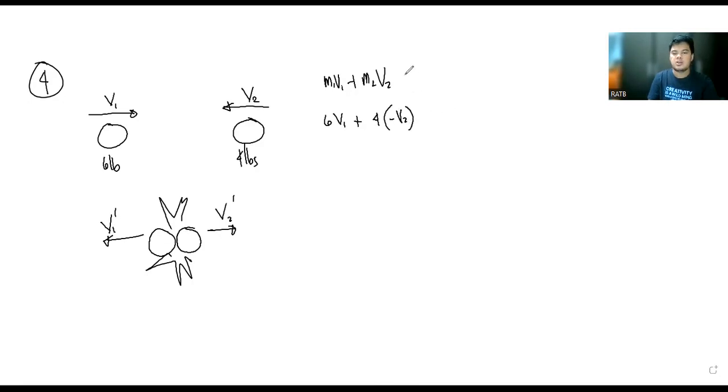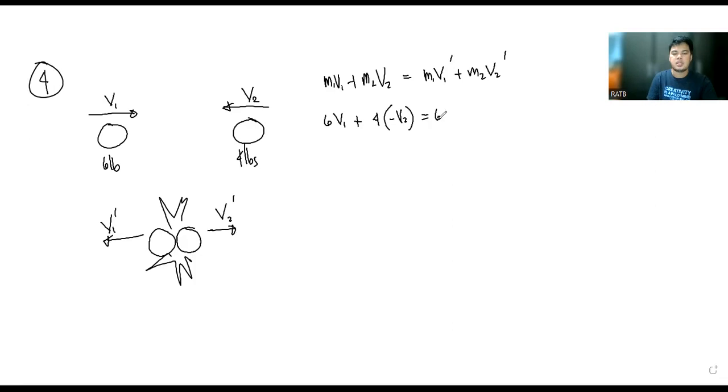That is equal to the sum of momentum after. The mass remains the same, so you have M1 V1 prime plus M2 V2 prime. Take note, V1 prime and V2 prime are the speeds of the balls after the collision.